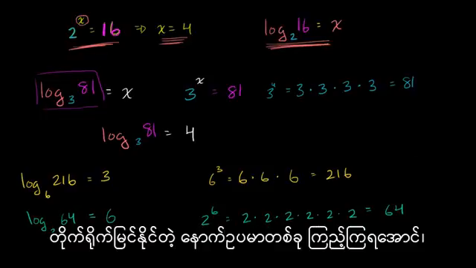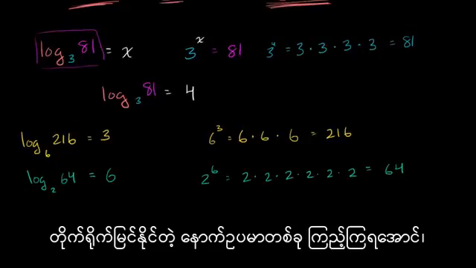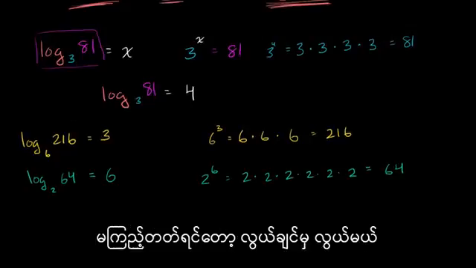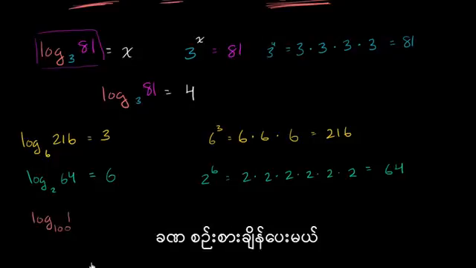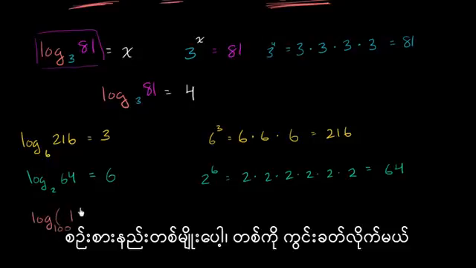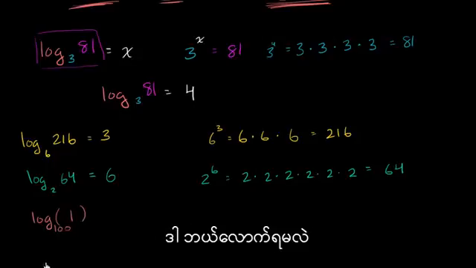Let's do a slightly more straightforward one. Or maybe this will be less straightforward, depending on how you view it. What is log base 100 of 1? Let you think about that for a second. The 100 is a subscript, and then it's log base 100 of 1. I could put parentheses around the 1. What does this evaluate to?